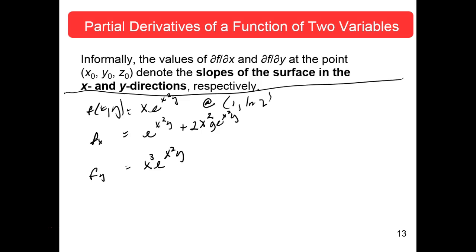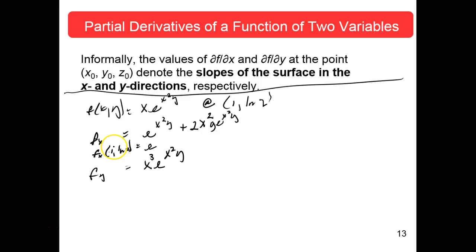All right? Now let's go back and evaluate each of these at the values x equal 1, y is equal to log 2. Okay? So here's f sub x at 1 log 2. Okay? And what would that be? I'll just get it started. E to the x is equal to 1.